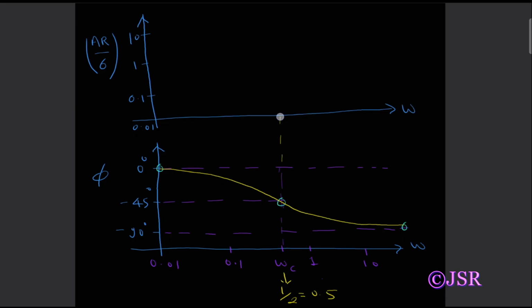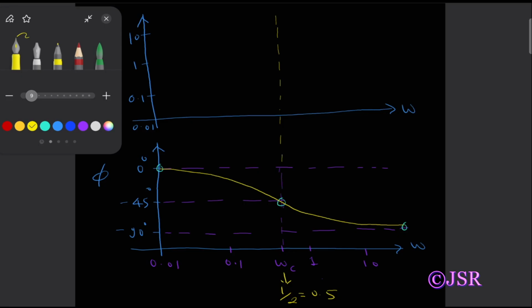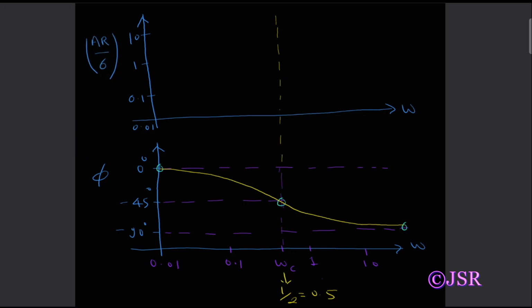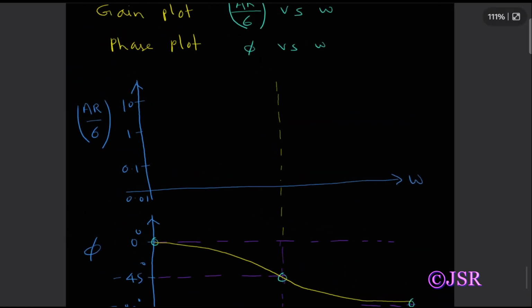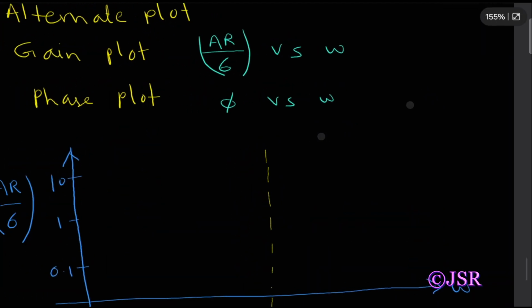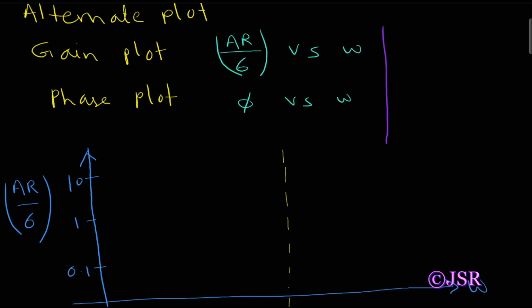And if we further extend this plot, in the gain plot, when omega lies between 0 to omega c, right?